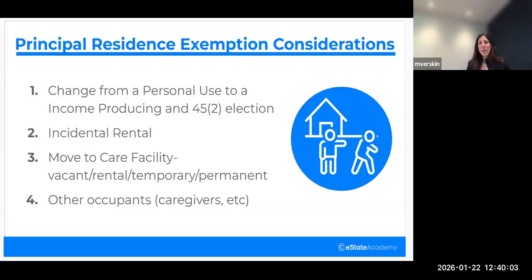So it has to be reported. If you're claiming a principal residence exemption, you might not be so fussed about it because you're not paying any tax. But there is this election that's available. And what the election does is you file it with your return, and it basically says that this thing happens, but you don't actually have to pay the tax.